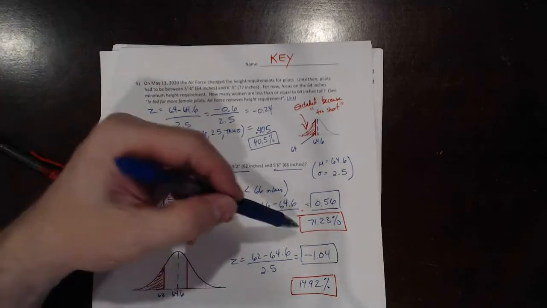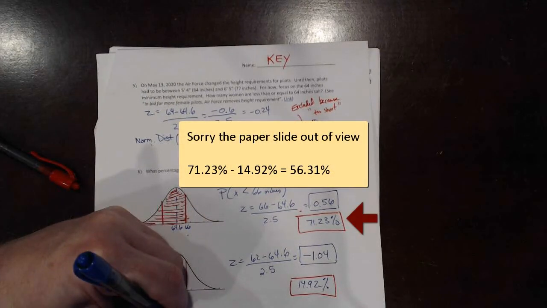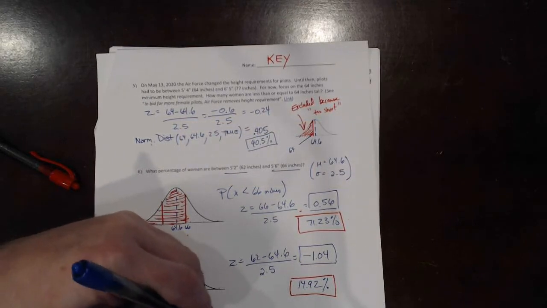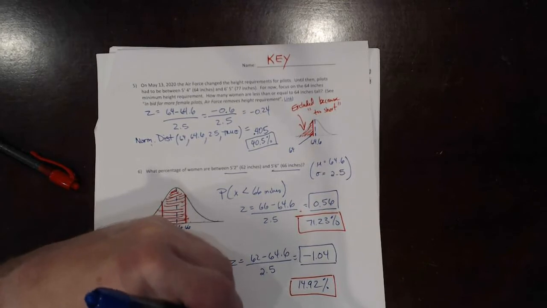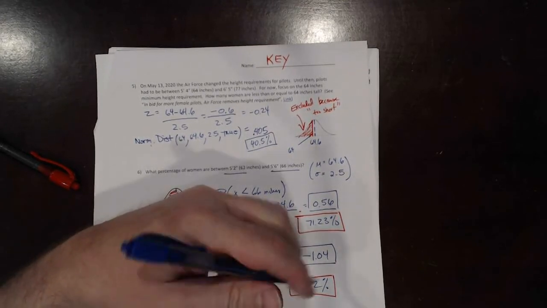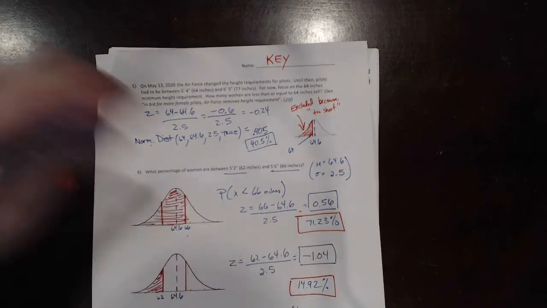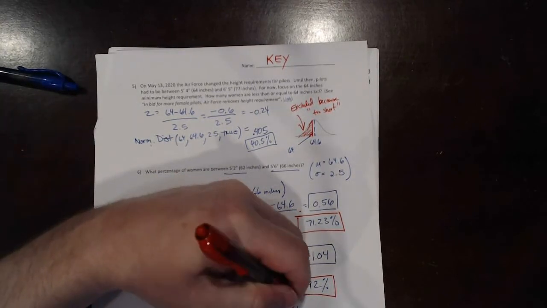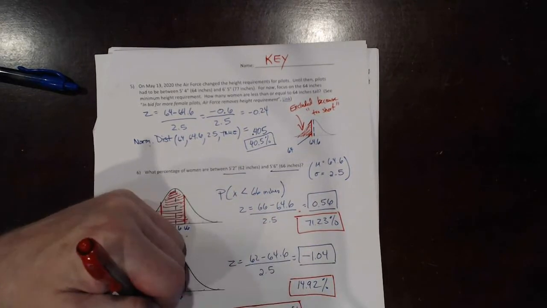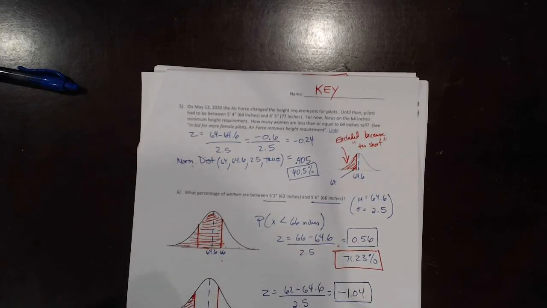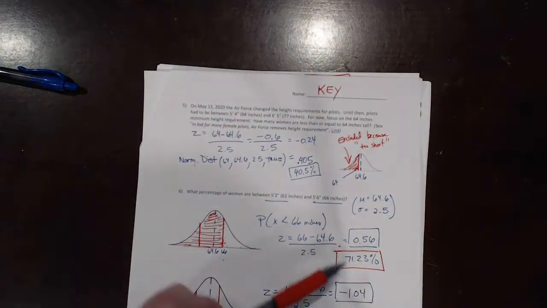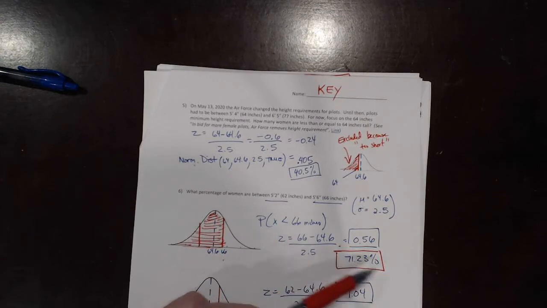Now if I bring those down, I get 71.23% minus 14.92%, and Excel tells me that is 56.31%. You'll get something around there depending on your rounding or how many decimal places, but the book normally says do 4 decimal places, so this would be 0.7123 and this would be 0.1492.